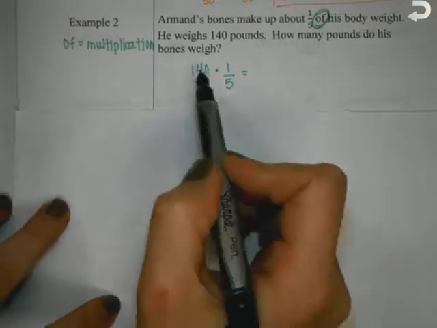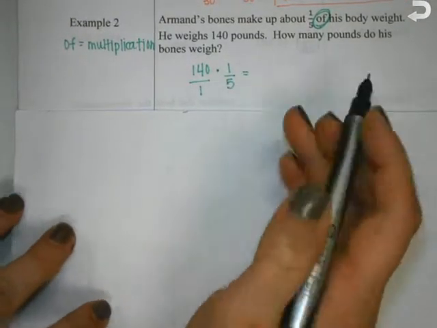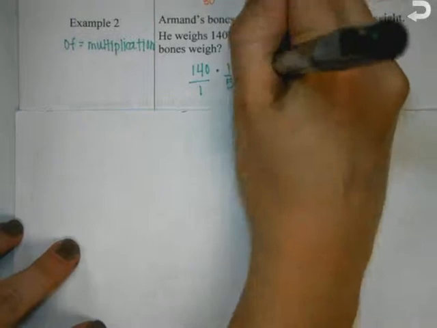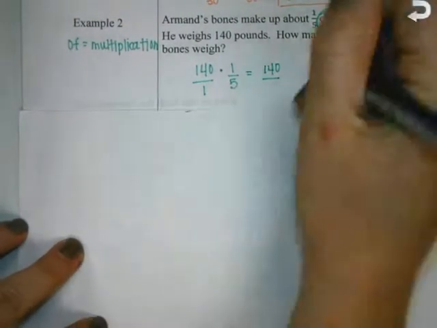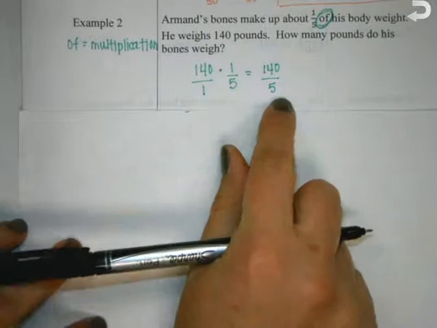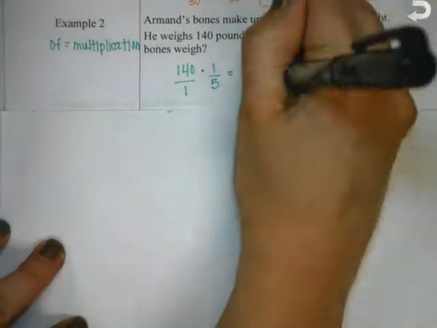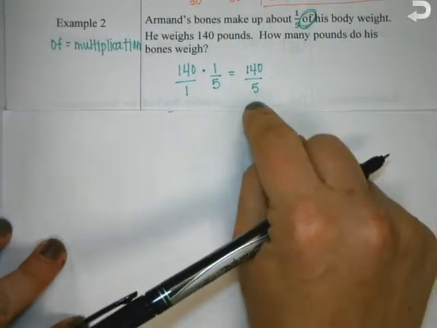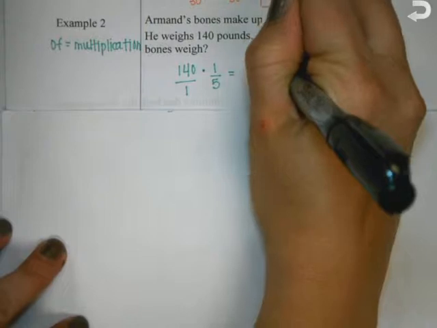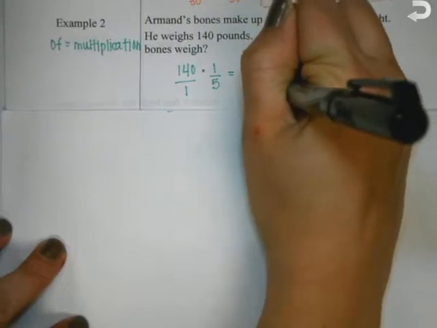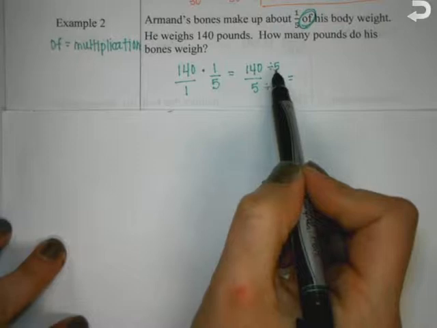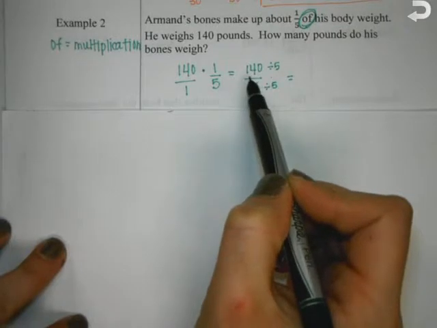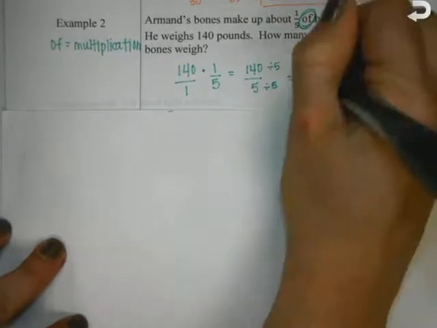So everybody, you should get this. 140 times 1 gives me 140. Over 1 times 5? 5. Does this reduce? It does. What goes into both 140 and 5? 5 does. So divide the top and bottom by 5. Okay, let's do this. 5 goes into 14 2 times with a remainder of 4.